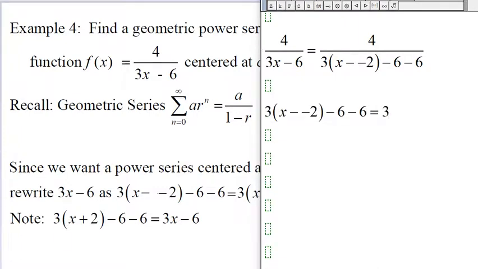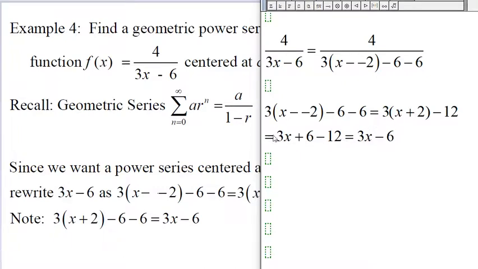This is 3 times x plus 2, and then minus 12, because minus 6 and minus 6 is minus 12. So we get 3x plus 6, and then minus 12, which is 3x minus 6.